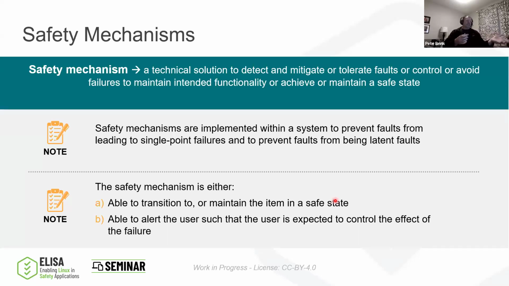With a safety mechanism, you can either transition to a safe state or alert the user. Sometimes it's just telling the driver, like the check engine light that comes on your dashboard and says there's something wrong, and you should do something to prevent this from becoming or further becoming a problem.